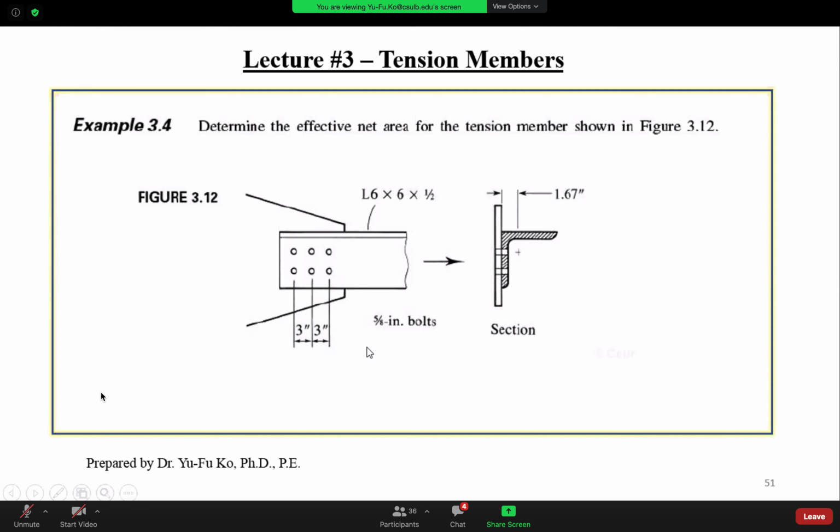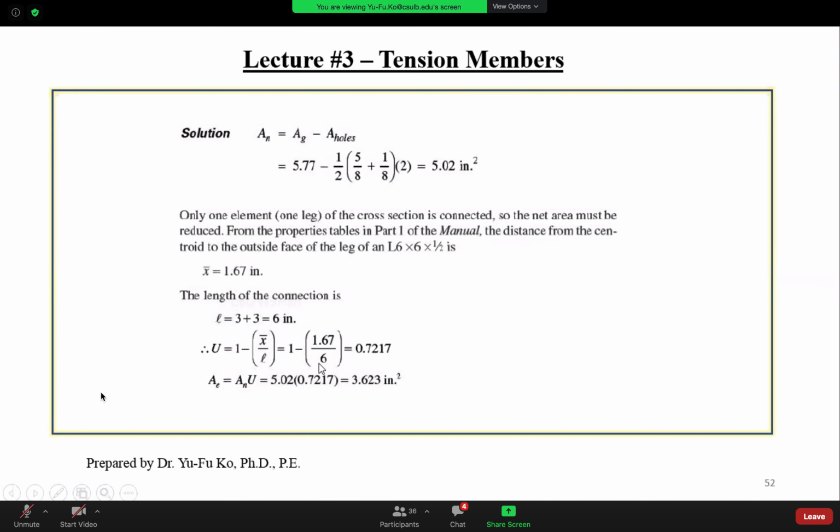Total is 6. X bar is 1.67. So based on this calculation, U is 0.72. So AE is equal to 3.623 inch squared. Any questions?